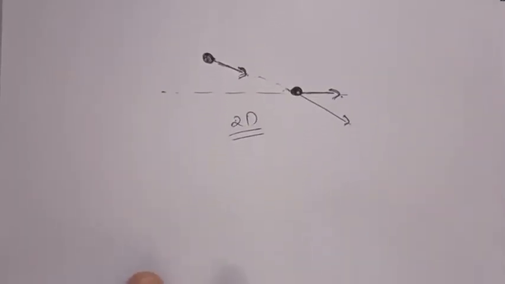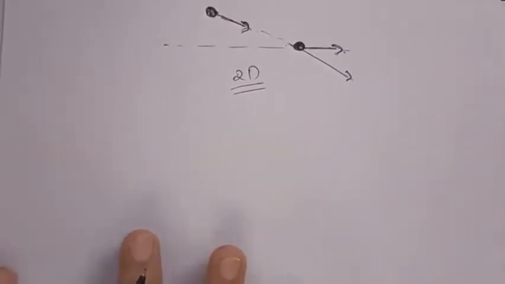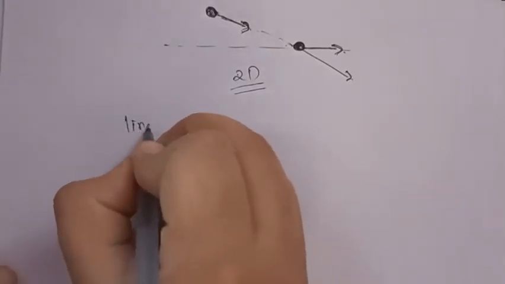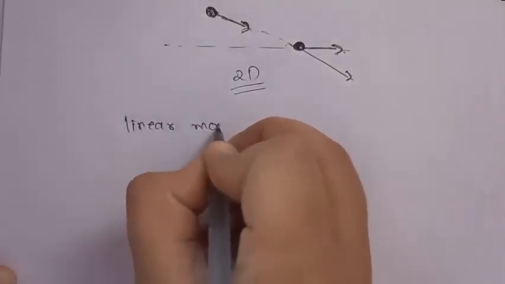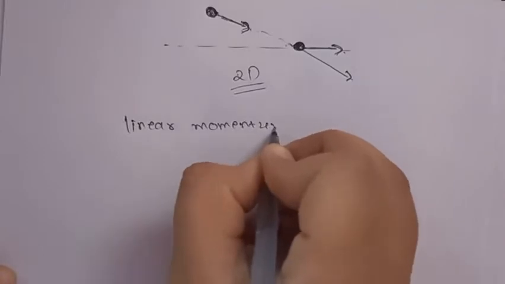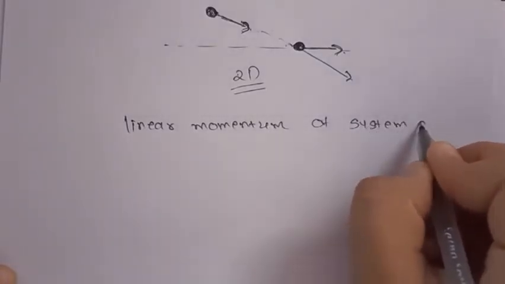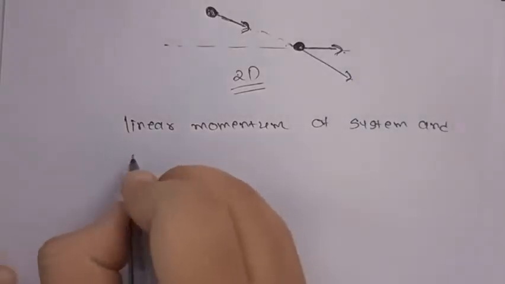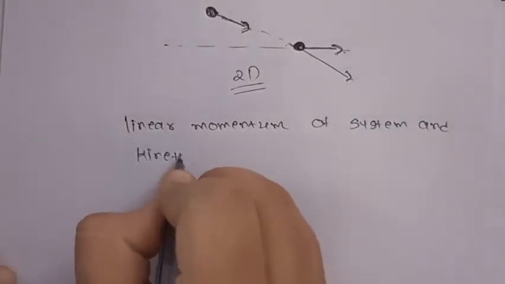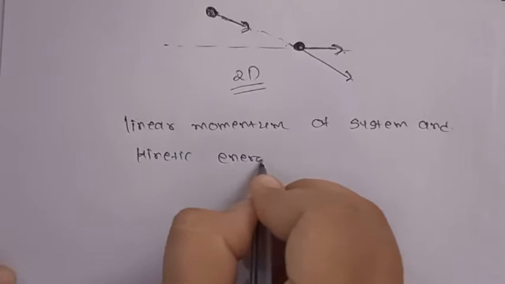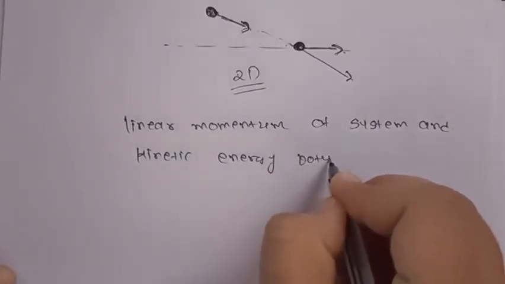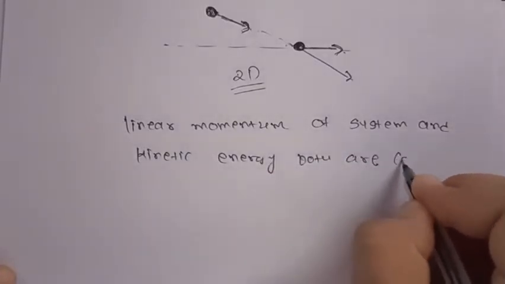Now, as it is an elastic collision, the linear momentum of the system and kinetic energy both are conserved.